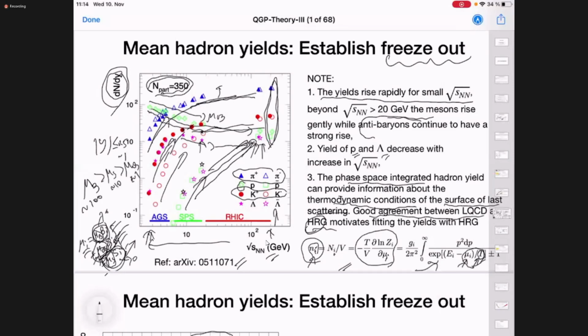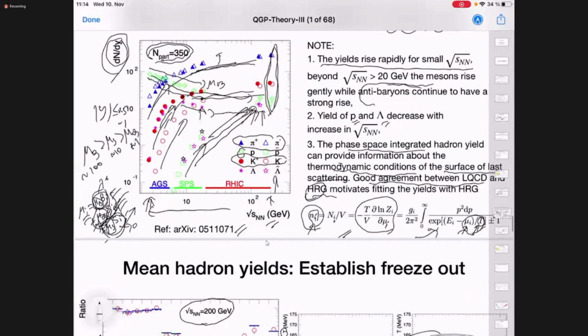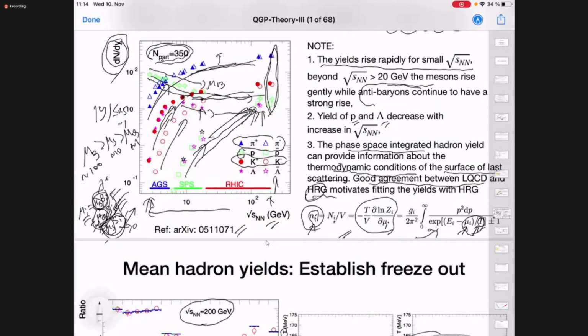So you see there is a larger split in the kaons, K plus and K minus, than in the pions, because mu q is much smaller, but mu s is quite large. And of course, as you go to lower energy, the split becomes larger and larger, because all of these chemical potentials increase as you go to lower energy.